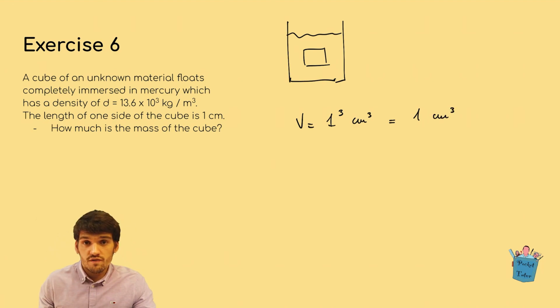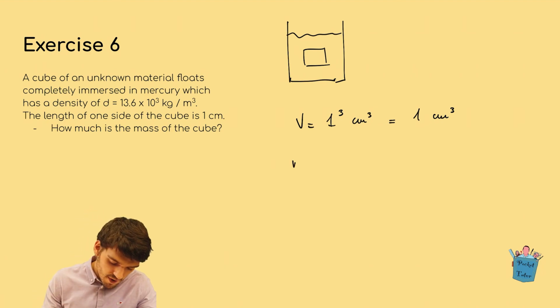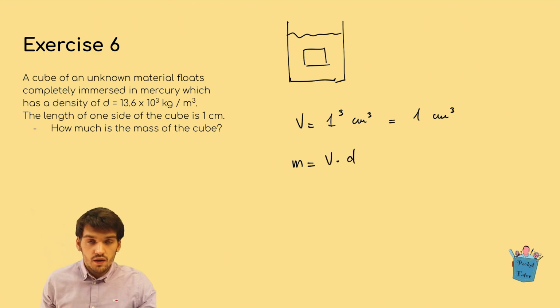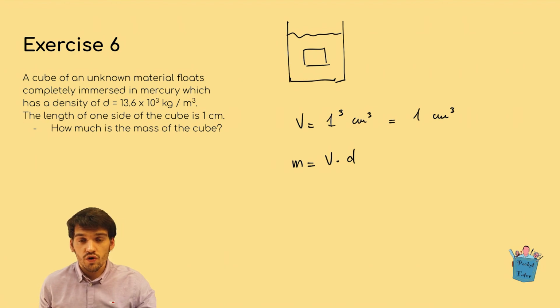And now, since we know the volume, we know the density. Since we said that the density is exactly the same as the one of mercury, we know that the mass will be equal to the volume times the density. In this case, we need to convert the units of measurement, but this is quite simple, since in order to go from kilograms over cubic meters to grams over centimeters cubed, we just need to divide by 1,000.